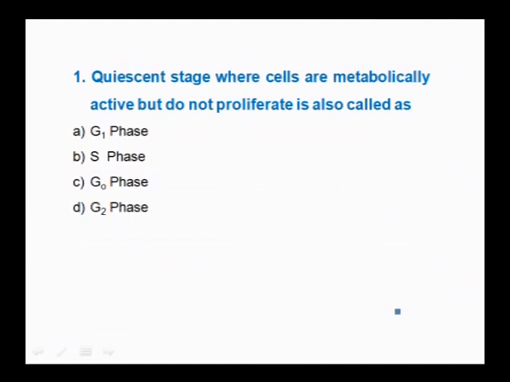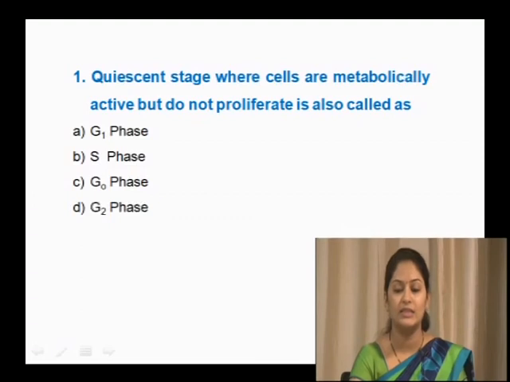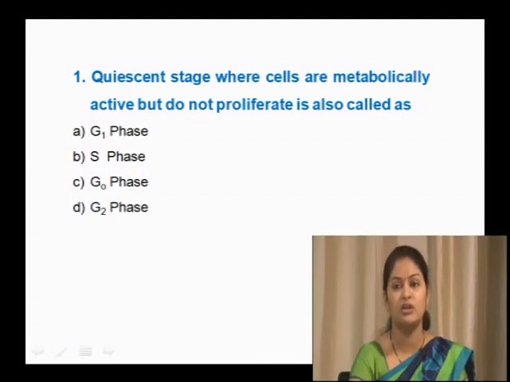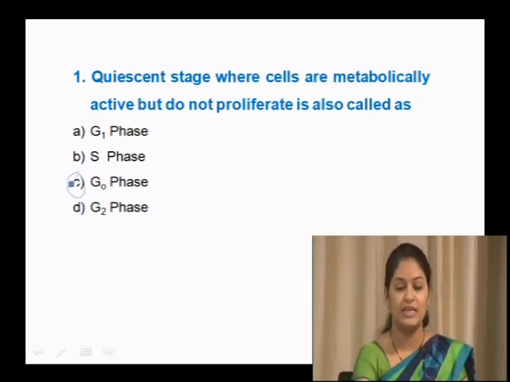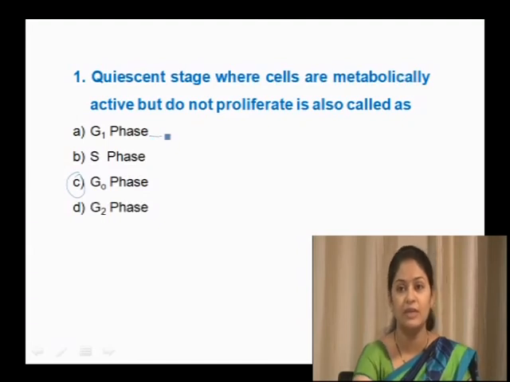Moving on to questions. The first one: the quiescent stage where cells are metabolically active but do not proliferate is also called as what? The cells are active but they are not dividing. So, the answer is option C, because in G1 phase there will be preparation for mitotic division, all the proteins for DNA synthesis as well as cell division will be formed.